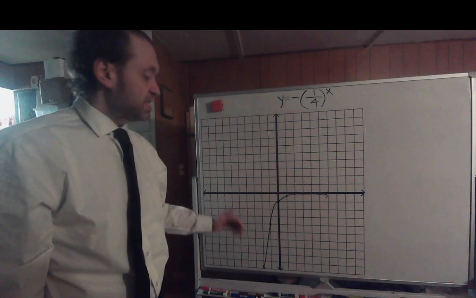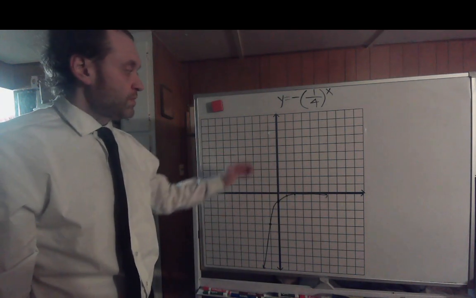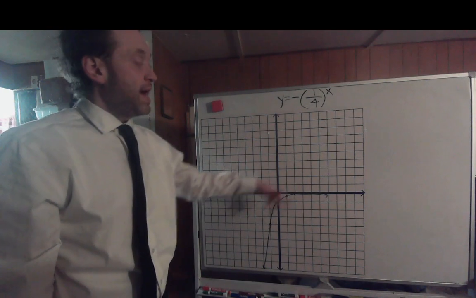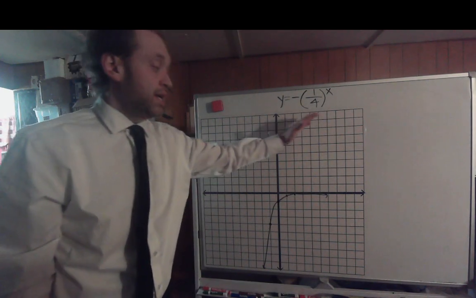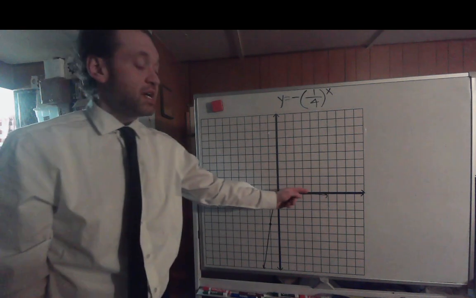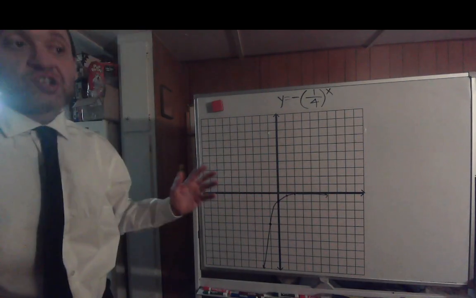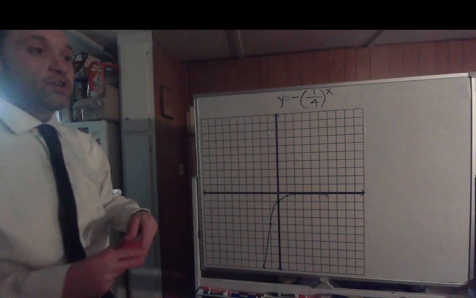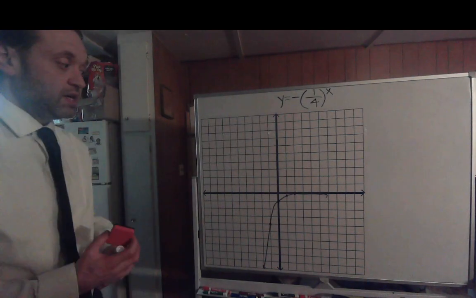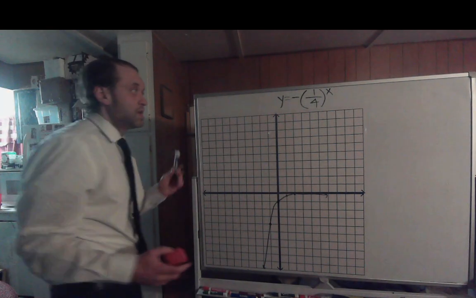So that's what you would have. And your asymptote is still at y equals 0. It increases up until y equals 0, gets infinitely close to 0, but never actually reaches it whenever you have a negative coefficient on an exponential decay function.